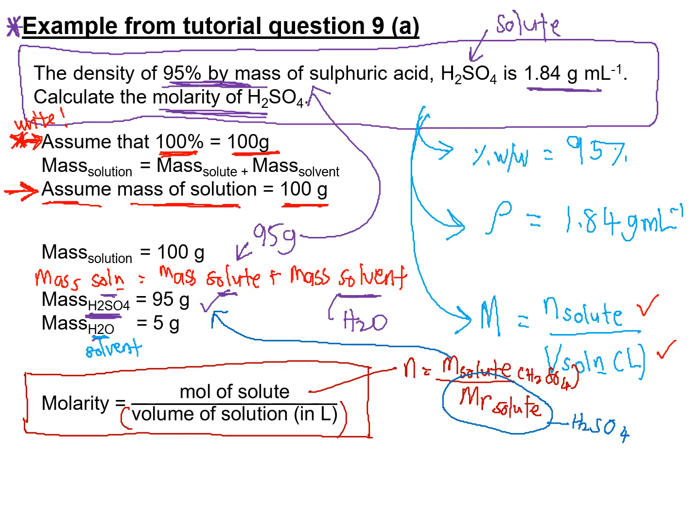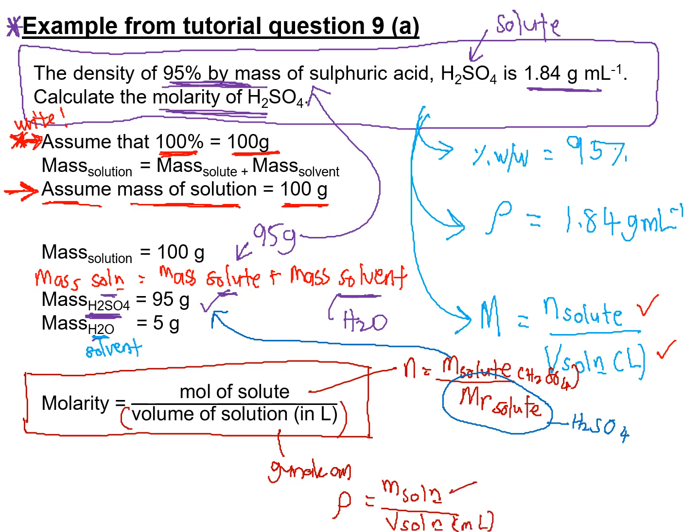Next ialah you need to find the volume of solution in liter. Okay, macam mana nak cari volume of solution in liter ni? Okay, kenapa dia bagi density di sinilah barulah kamu gunakan info density, because density is equals to mass of solution bagikan dengan volume of solution in apa? In milliliter, bukan liter ya, milliliter.